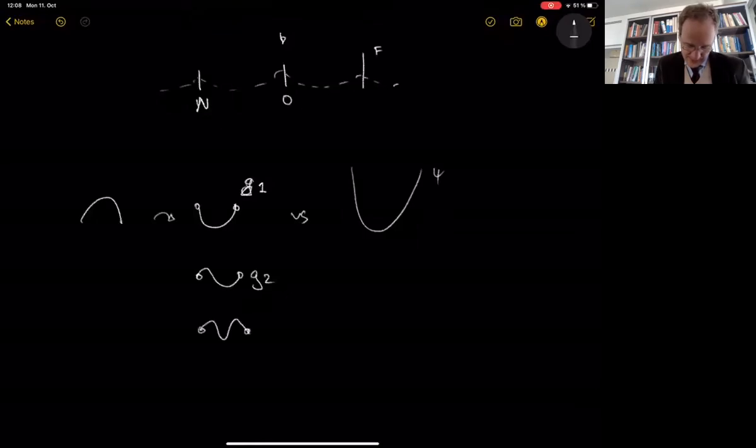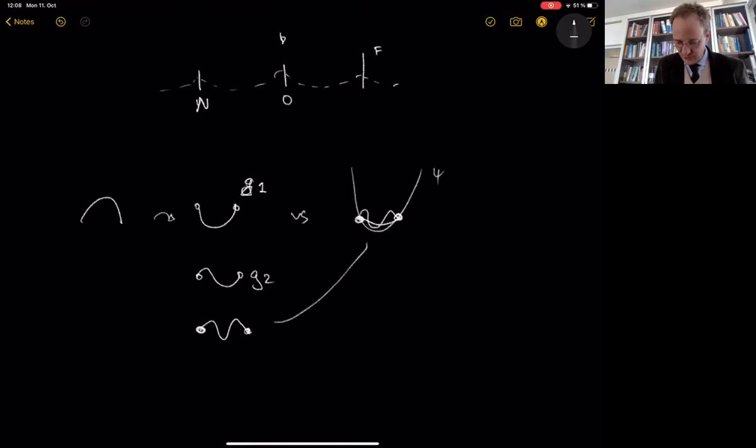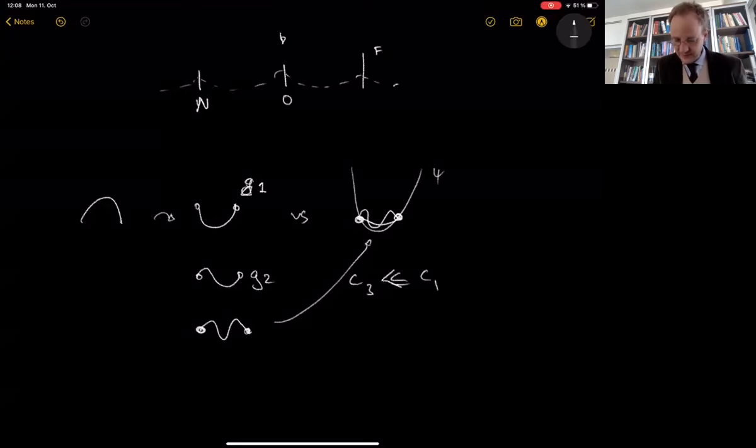Then you have something like this. Let's superimpose this. Here you already have G1, and now we put something like this, but the coefficient for this one will be much smaller. So your C3 is going to be much smaller than your C1.